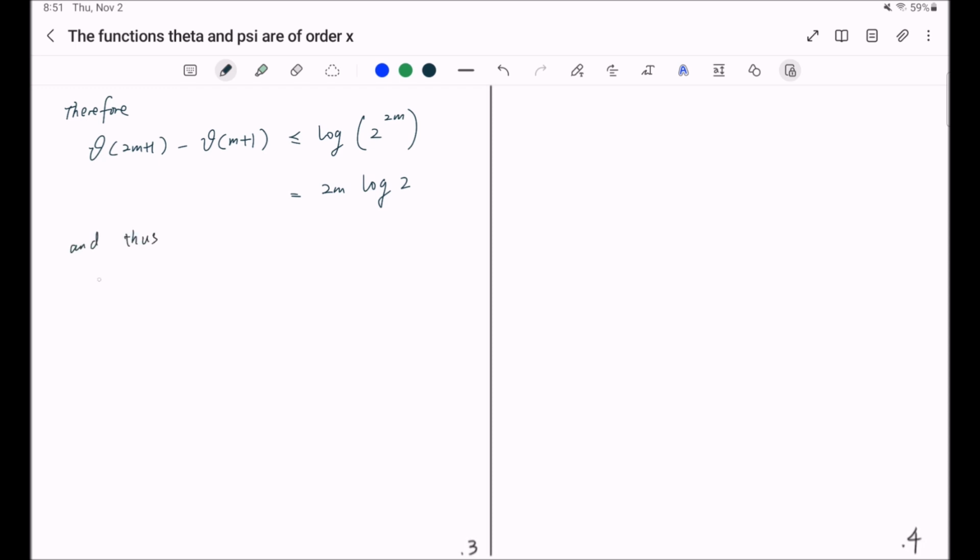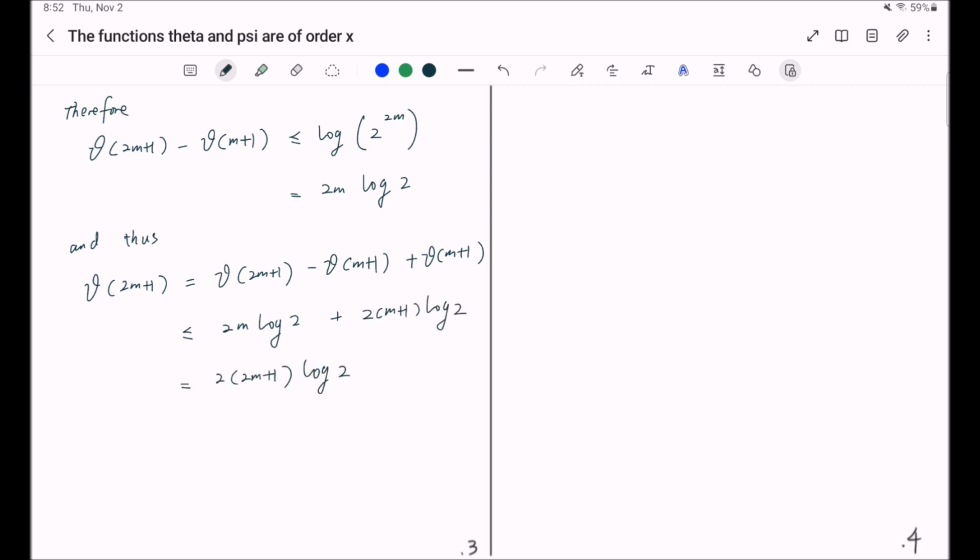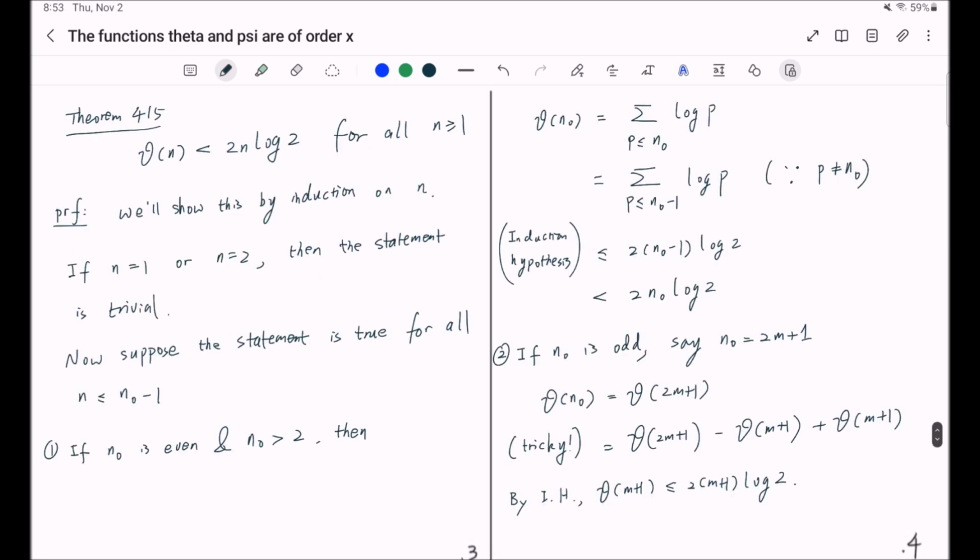And thus, theta of 2m plus 1, by this splitting trick, is less than or equal to 2m times log of 2 plus, and remember, this part was bounded by the induction hypothesis, and this is equal to twice of n naught times log of 2. And therefore, we are done with the proof of theorem 4.15.